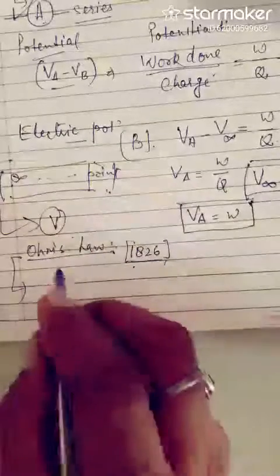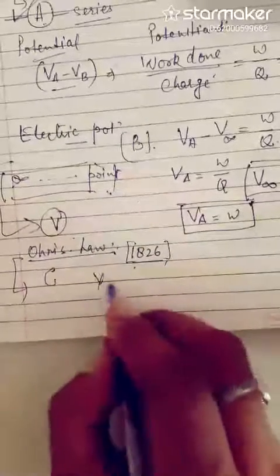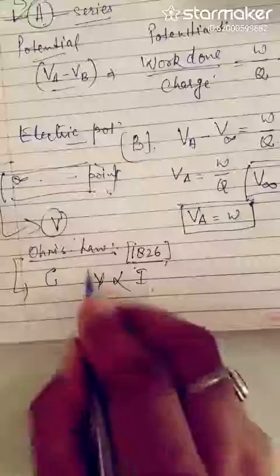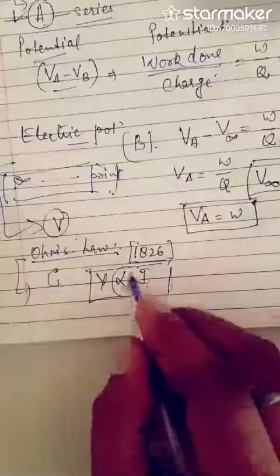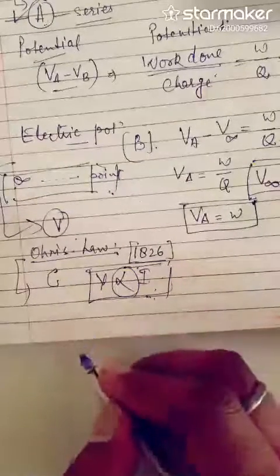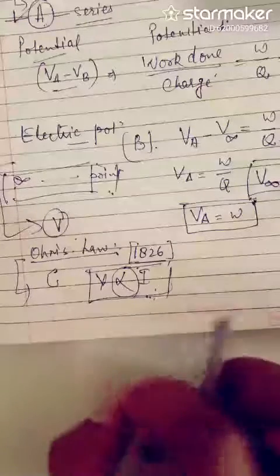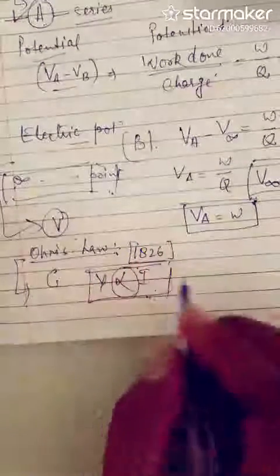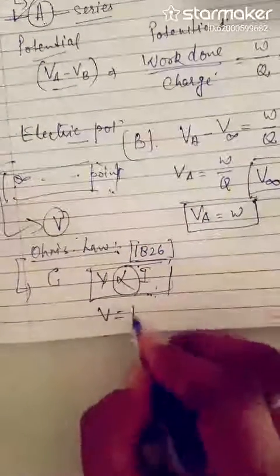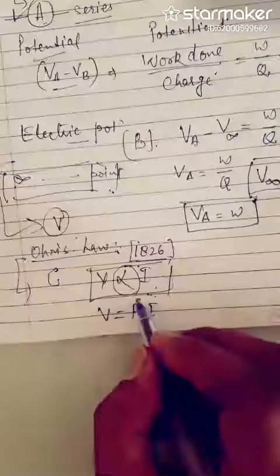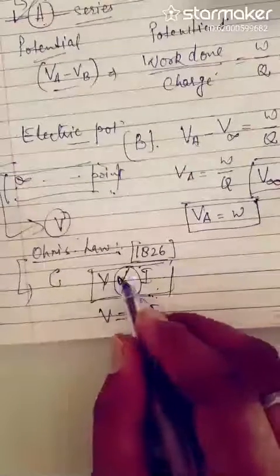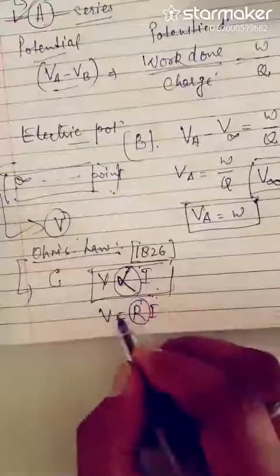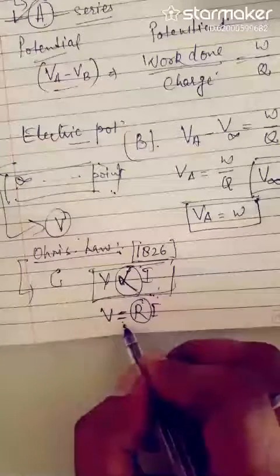So mathematically, V is directly proportional to I. If we want to remove the proportionality sign, we have to introduce a constant, R. So V equals RI. When we put the value of the constant here, we can replace the directly proportional sign with an equal sign.